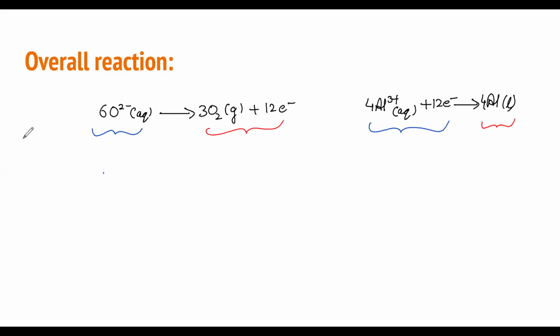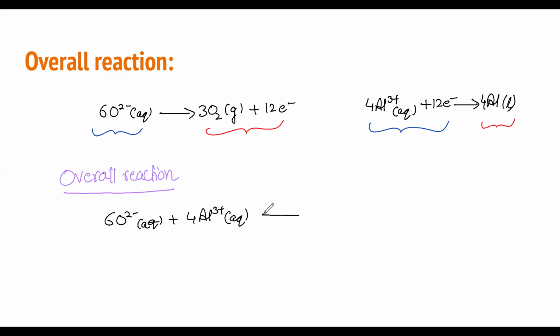So the overall reaction is going to be 6O2- aqueous plus 4Al3+ aqueous plus 12 electrons, giving us 3O2 gaseous plus 12 electrons plus 4Al liquid.